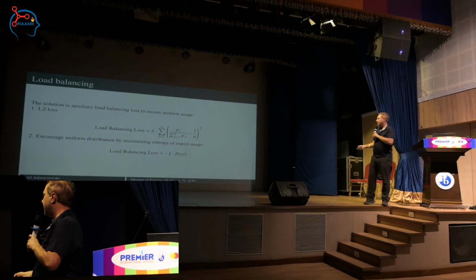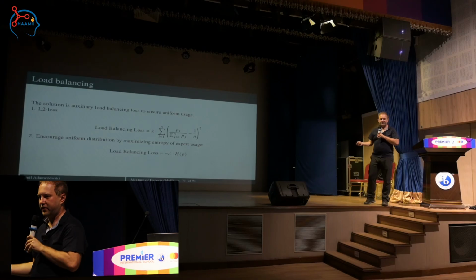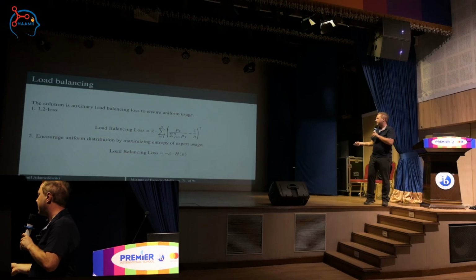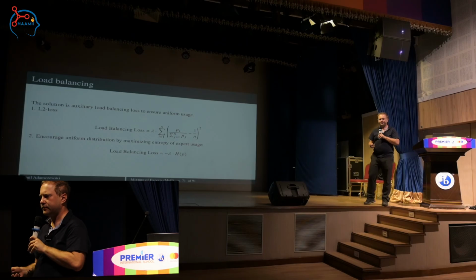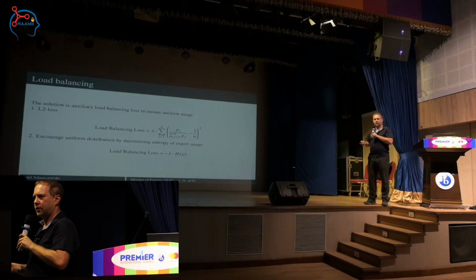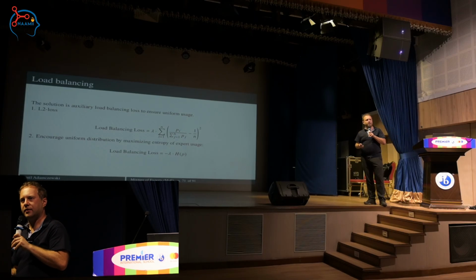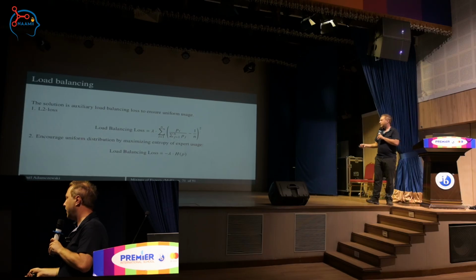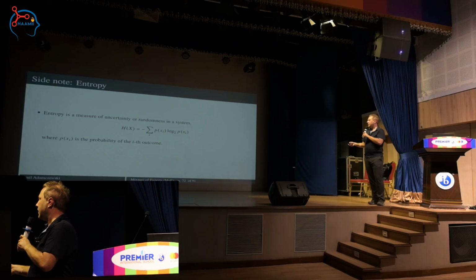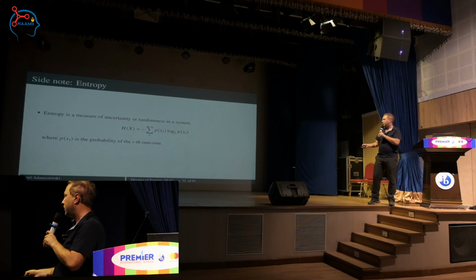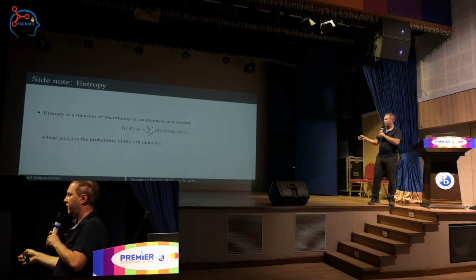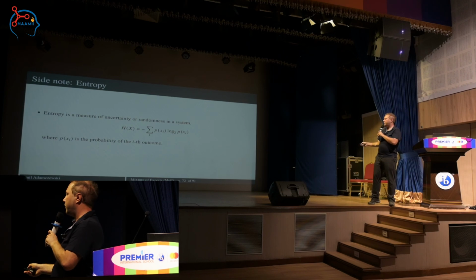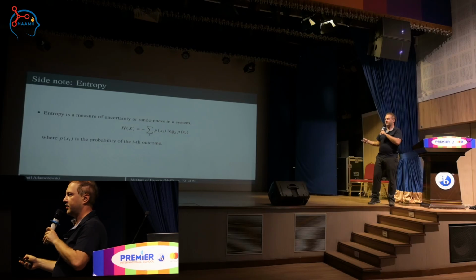Then there is a very similar loss based on entropy. Have you heard about entropy? Yes. Okay, many people have heard about entropy. I will not spend time on it because we don't have too much time. But for those of you who haven't, it's basically a measure of uncertainty.